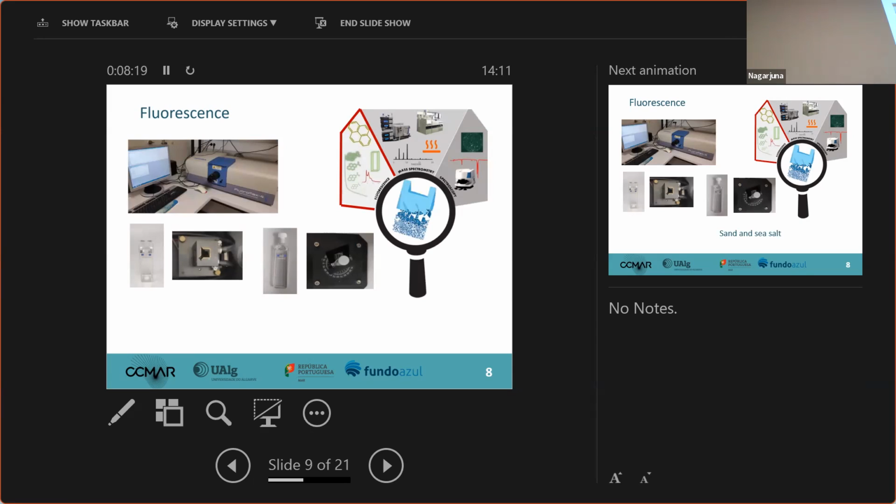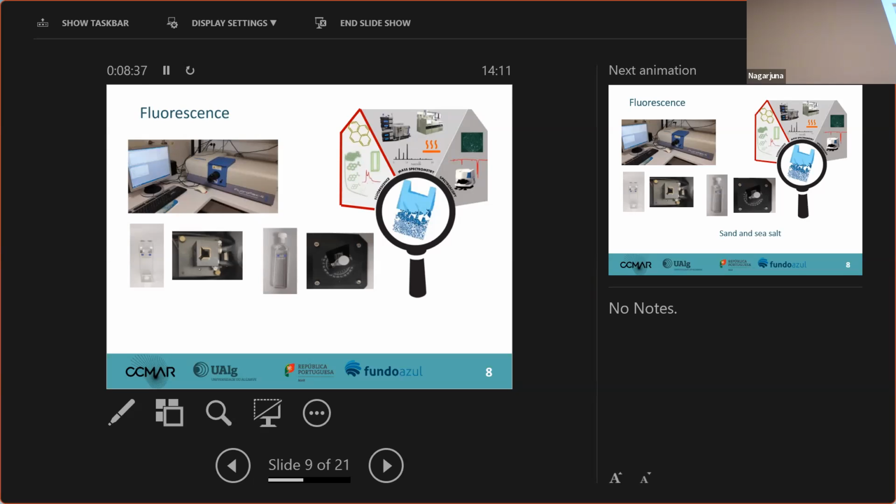So I can get a fluorescence spectrum from a solid sample, in the so-called front face geometry. Basically, you excite your solid and then you get the emission spectrum. You can do that for a solid, or you can do that for a liquid.